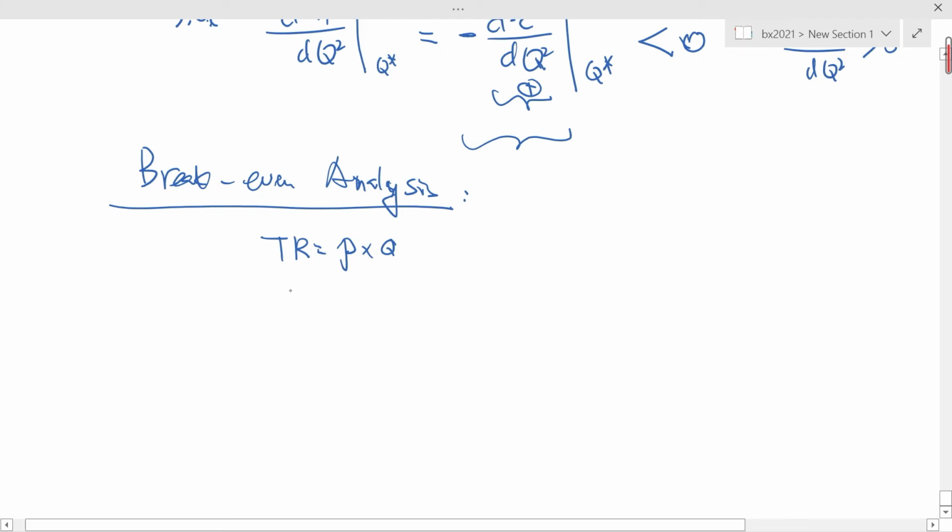We know total cost is a function of quantity. And for the purpose of demonstration, I'm going to say P is $5, and I'm going to give the cost function very specific functional forms.